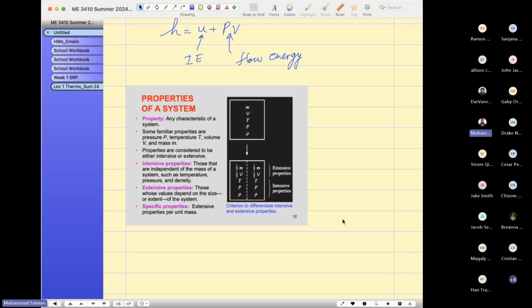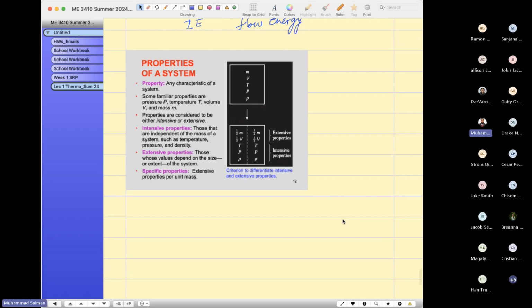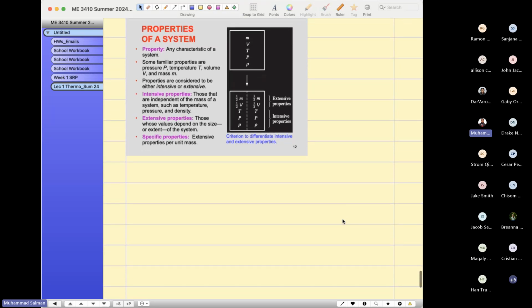Intensive properties are those that are independent of the mass, such as temperature, pressure, density. Extensive properties are those that depend upon the mass, on the size, such as volume. And extensive properties per unit mass are specific properties.